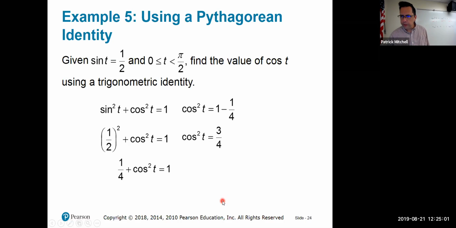So if I was doing this on the whiteboard, let me show you how I would have shown my work there. I would have written minus 1/4 under here, minus 1/4. Okay. So this 1/4 minus 1/4 cancels, and that's how you get the 1 minus 1/4 over here. 1 minus 1/4 is 3/4.